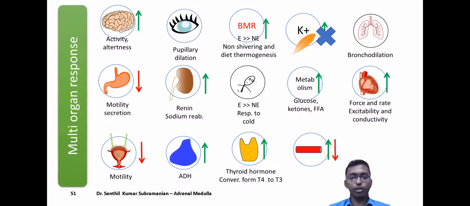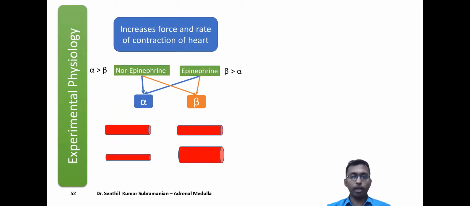Their action on blood vessels can be both vasoconstriction or vasodilation. Let us look into this in detail. In an experimental scenario, the action of alpha receptors on a blood vessel is to cause vasoconstriction. The action of beta receptors will lead to vasodilatation.